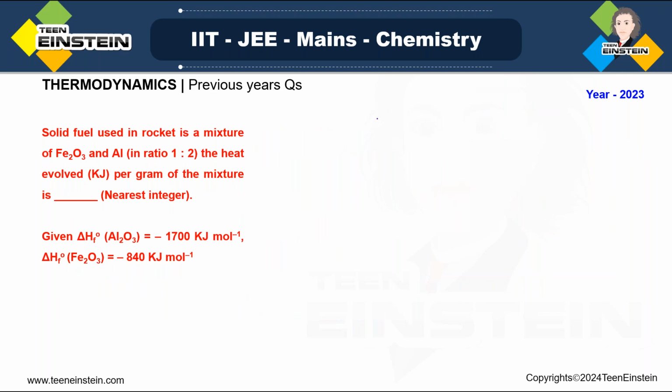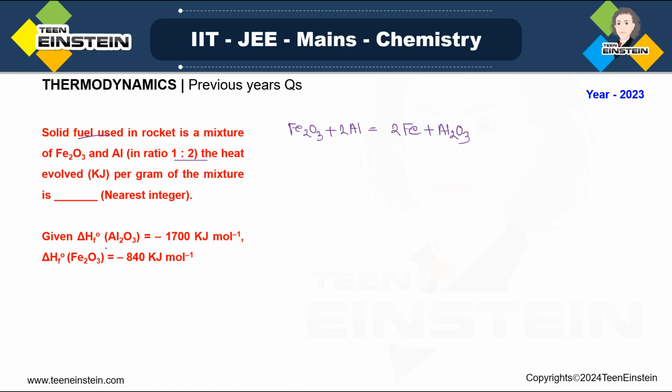Solid fuel used in a rocket. Solid fuel, that means there will be some solid compound, is a mixture of Fe2O3 and aluminium. The ratio mentioned is 1:2. So if we write the equation, it will be Fe2O3 plus 2 Al gives 2 Fe plus Al2O3. In this equation, we have to find the heat evolved in kilojoule per gram of the mixture.